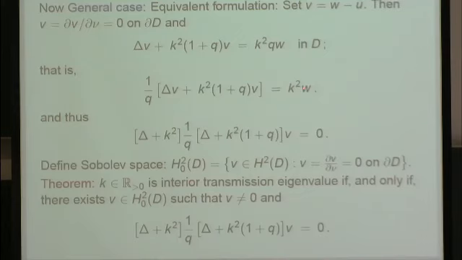We get a fourth order equation for V in the space of those functions in H2 with Cauchy data 0. Then you can show easily that k is an interior transmission eigenvalue if and only if you have a nontrivial solution of that equation.